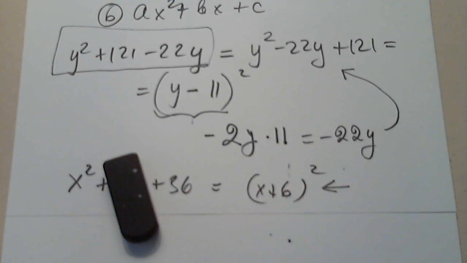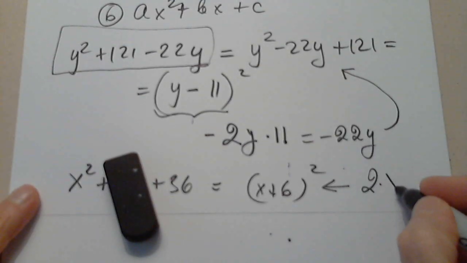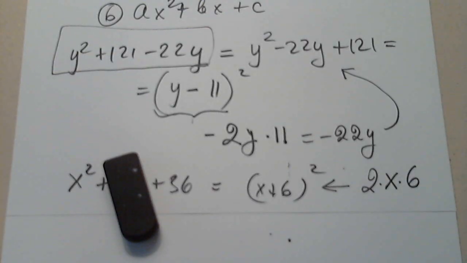2 times the first times the second. What do we get? 2 from the formula times the first times the second.